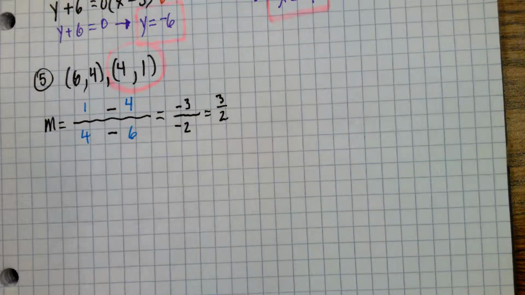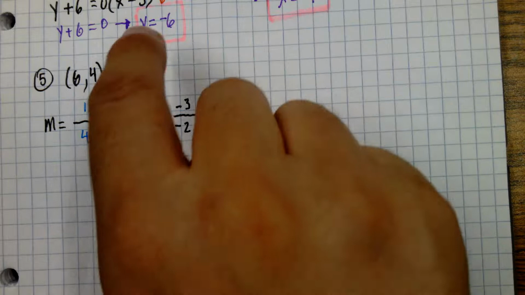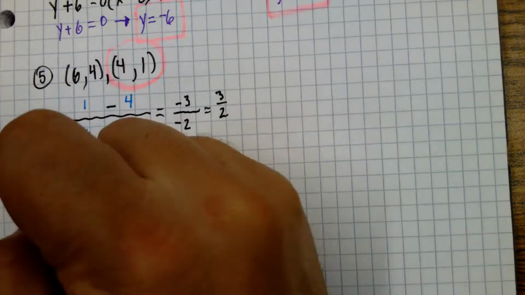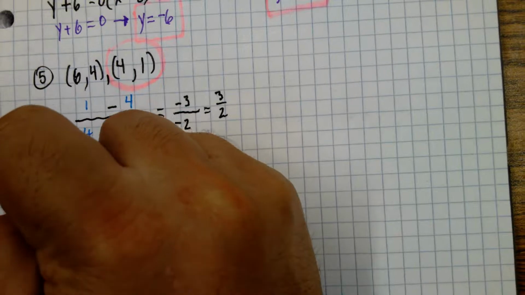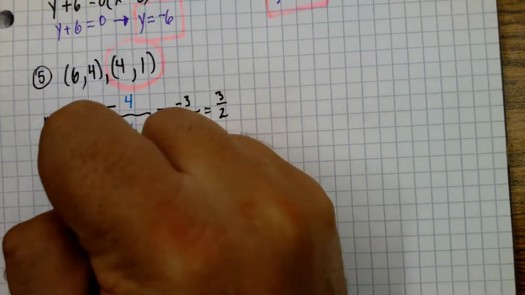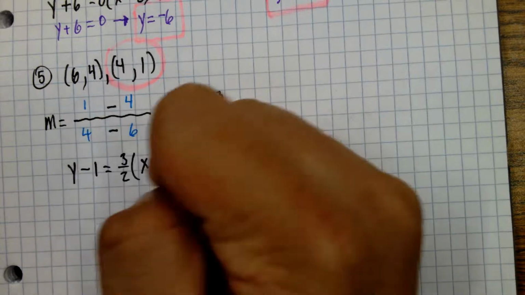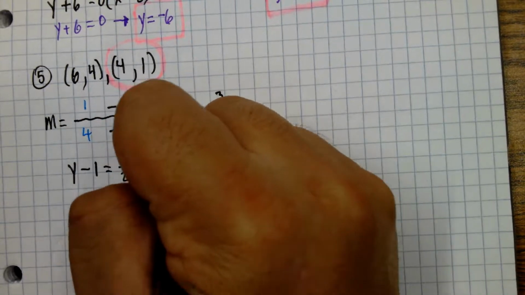The second time through, we'll pick (6, 4), and you'll see that we get the same answer. So let's plug this point and that slope into point slope form. So we're going to get y minus 1 equals 3/2 parentheses x minus 4.